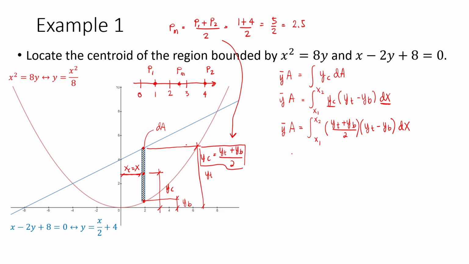Of course, if you want to put directly y top and y bottom, you can, but if you're going to do this in this manner, y bar times 36, from negative 4 to 8, then you're going to place y top, which is x over 2 plus 4, and then plus x squared over 8 all over 2, then multiplied by y top minus y bottom.